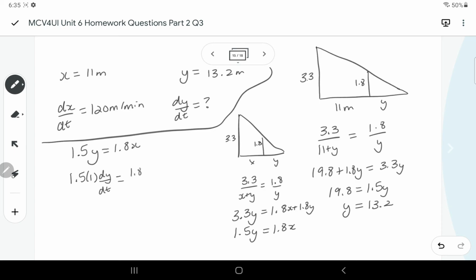Same thing on the right, 1.8, derivative of x is just 1, but x is a function of time, dx/dt. So here, 1.5 dy/dt equals 1.8, and dx/dt is 120. So dy/dt, I'm going to take that 1.8 times 120 and divide out the 1.5, and we get 144 meters per minute.